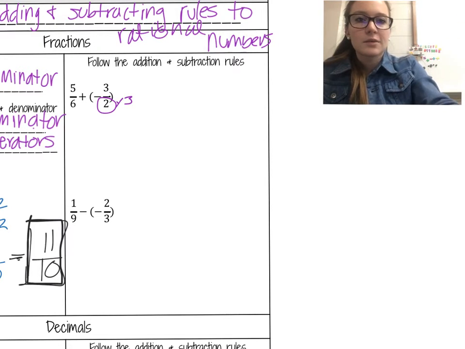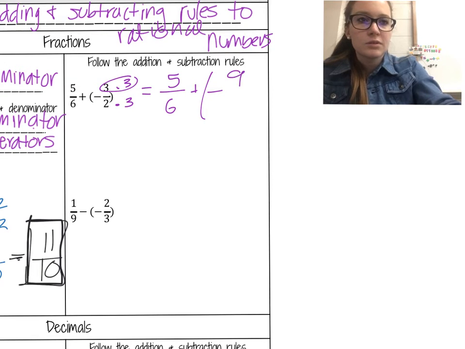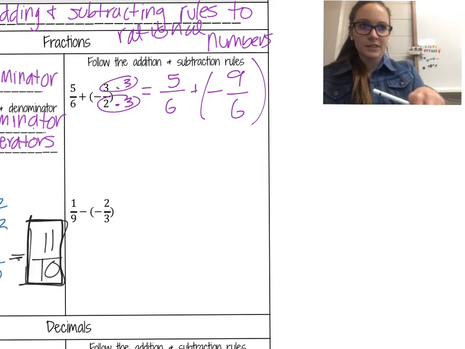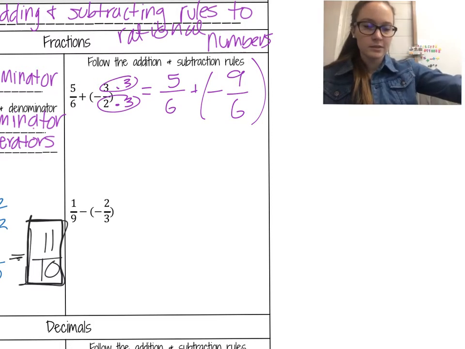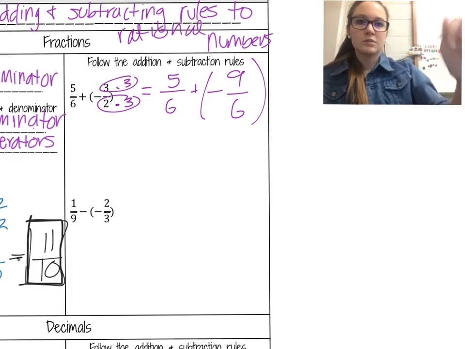So that's how I'm going to convert this one. So I'm going to multiply it by 3. Okay, so this is just 5 over 6 plus a negative. 3 times 3 is 9, and 2 times 3 is 6. So now we have 5 sixths plus negative 9 sixths. Okay, I just multiplied the number parts.